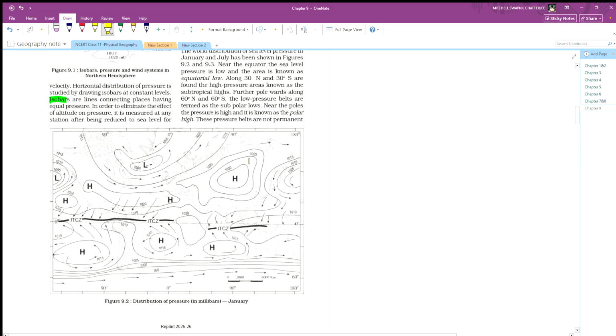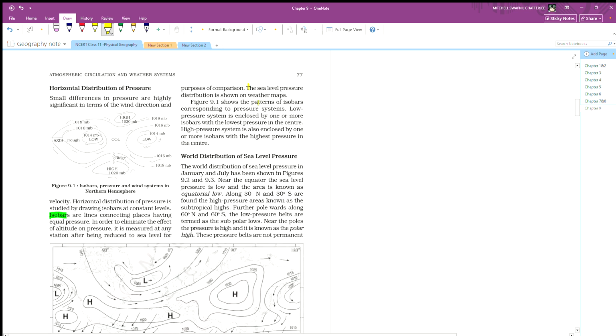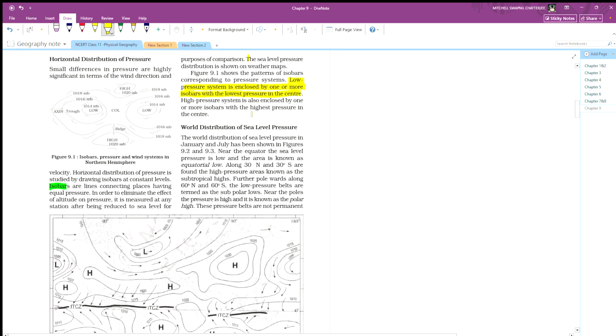So the middle part has isobars with lower pressure at the center.